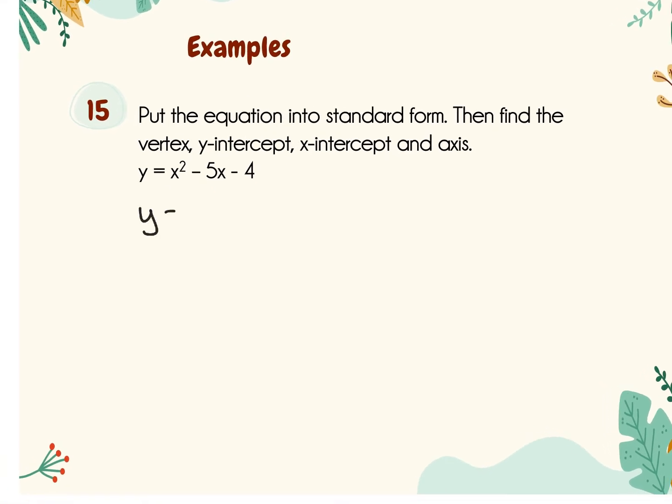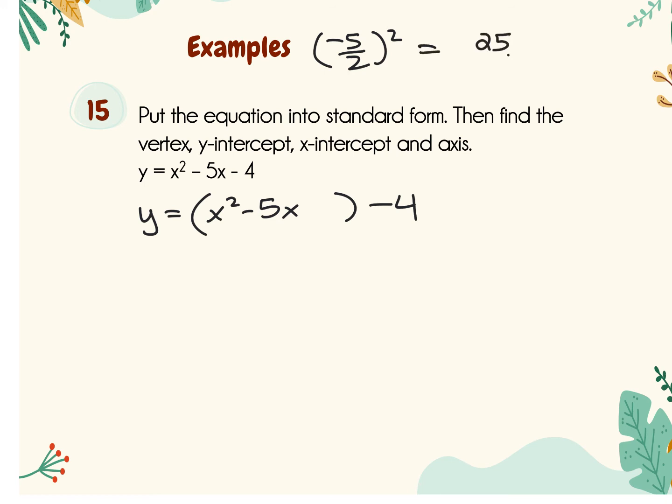Just do y equals x squared minus 5x, leave a blank space, move the 4, take the b term, divide it by 2 and square it. I'm going to leave it a fraction. It'll become 25 over 4. And so here, this one's a little bit more work because I'm subtracting 25 over 4, but in here, I'm going to put it in as the -5 over 2 squared.